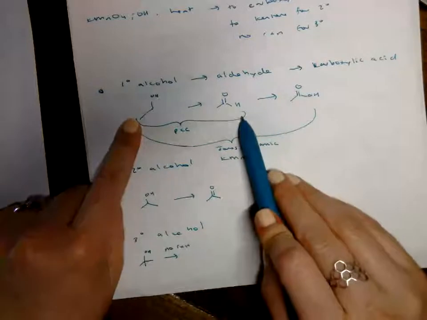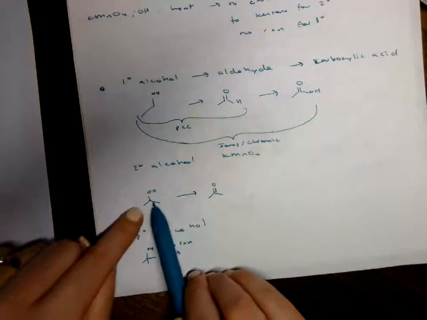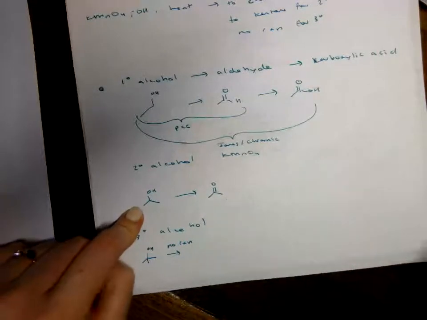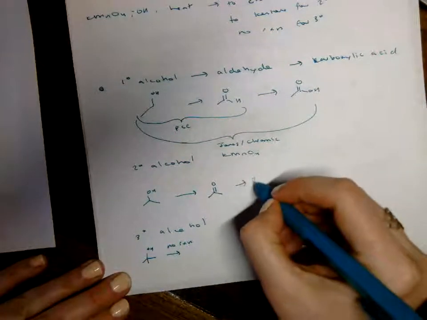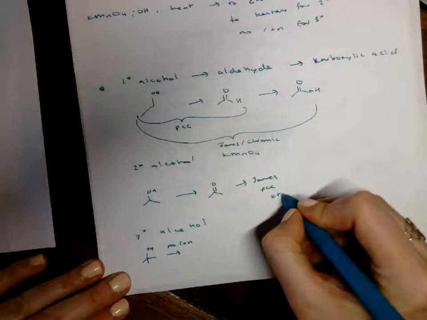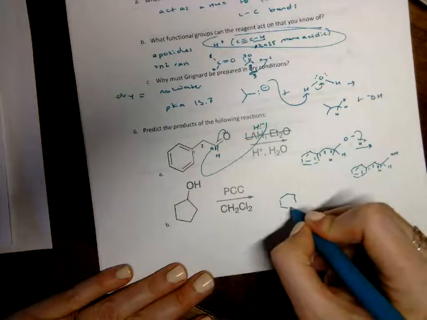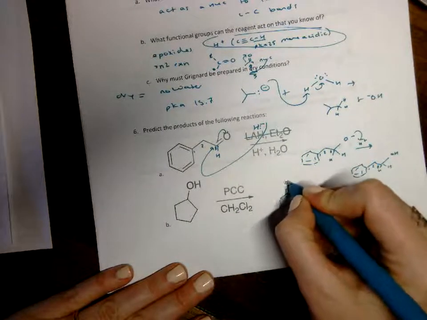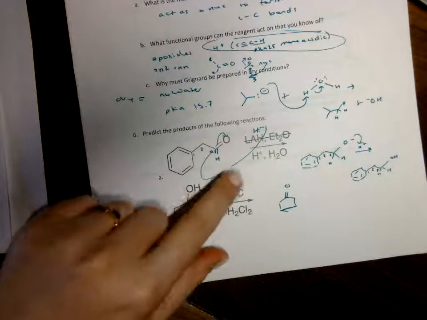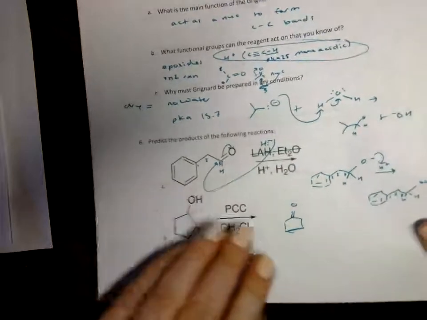Primary alcohol will go to an aldehyde with PCC. Secondary alcohol goes to a ketone, and that's for all of Jones, PCC, and KMnO4. So if this becomes a ketone, it should look like this. 5-membered ring, that doesn't change. Just we go from an alcohol to a ketone.